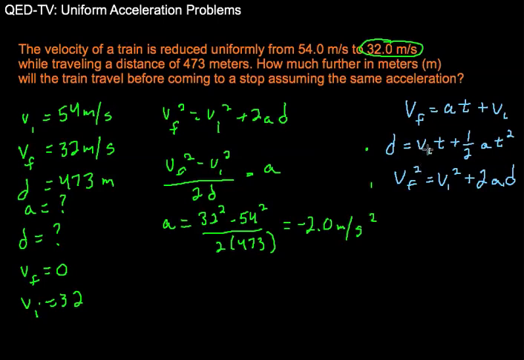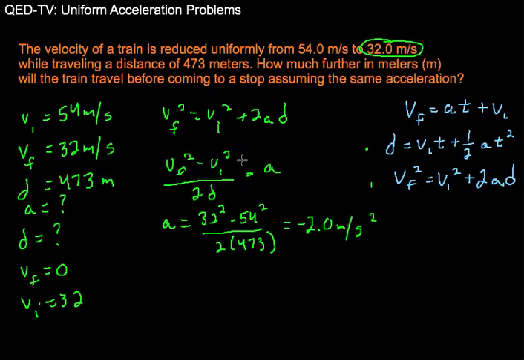So I need D, and there's 2 equations for D. I have an initial velocity, a final velocity, and an acceleration. So I can use this equation again, VF squared equals VI squared plus 2AD, to figure out the D this time.